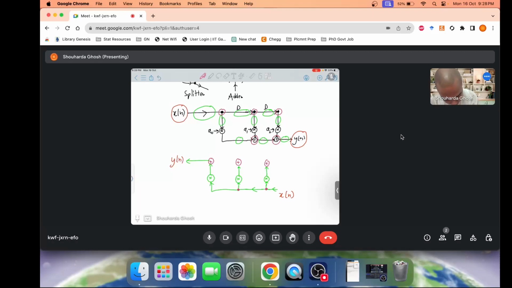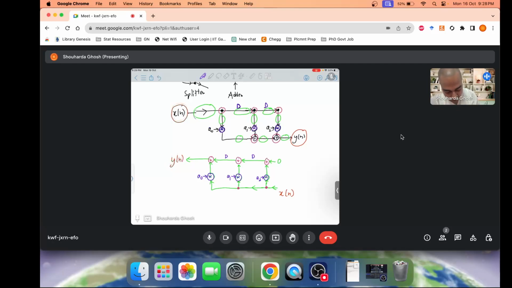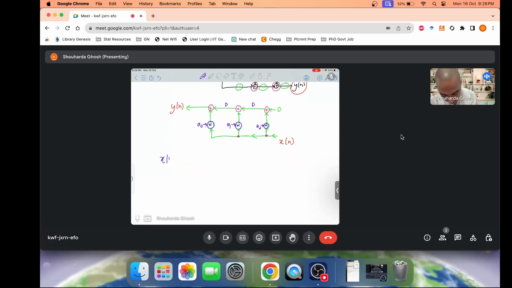This is 0, which is the same as not having any adder, and I should also mark the delay elements D and the multipliers. So this is finally our filter.